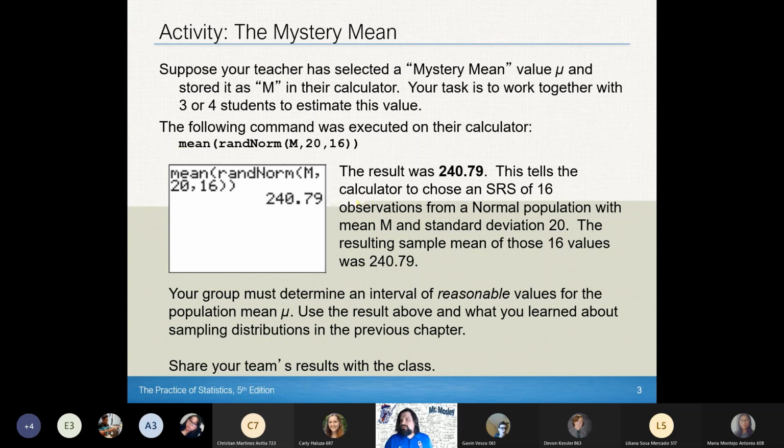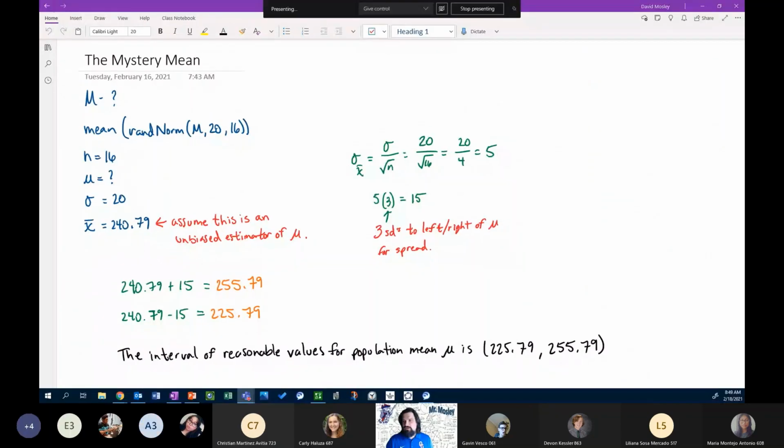So we're going to go to this screen. Here's one possible way, this is my scratch work, on how we could use what we learned in Chapter 7 to come up with a reasonable range for the possible values of m.